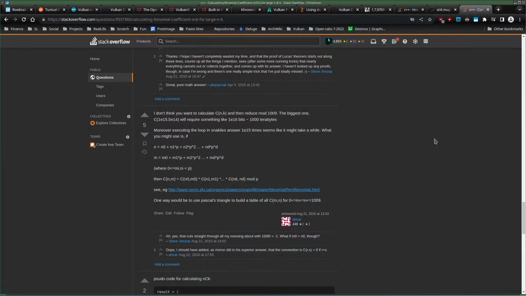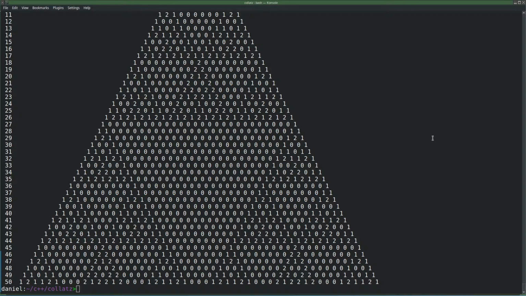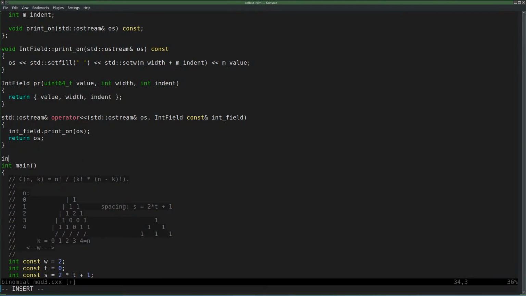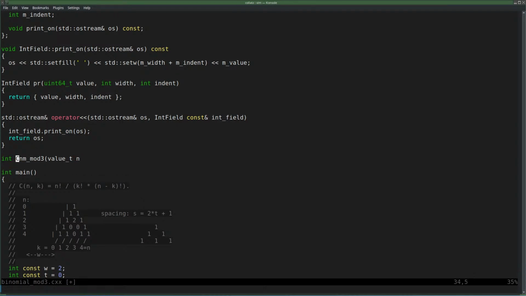Let's implement this. I don't really think we need a large value here, no. Now the faculty of stuff can be an int.